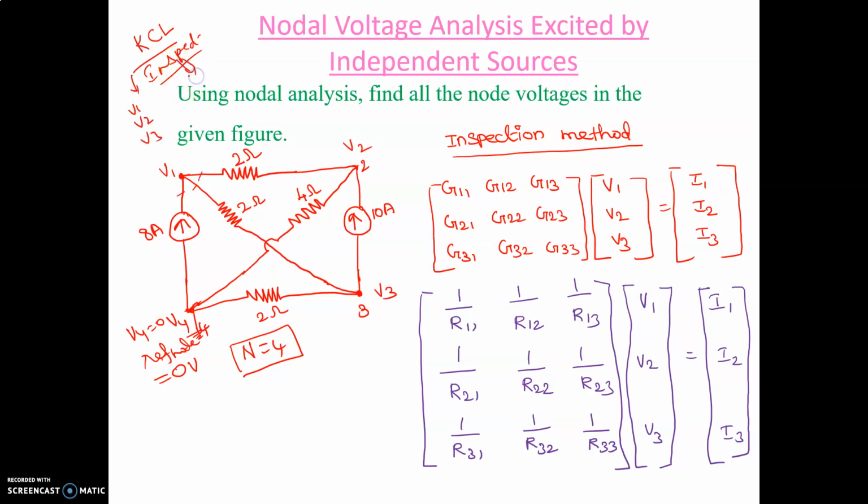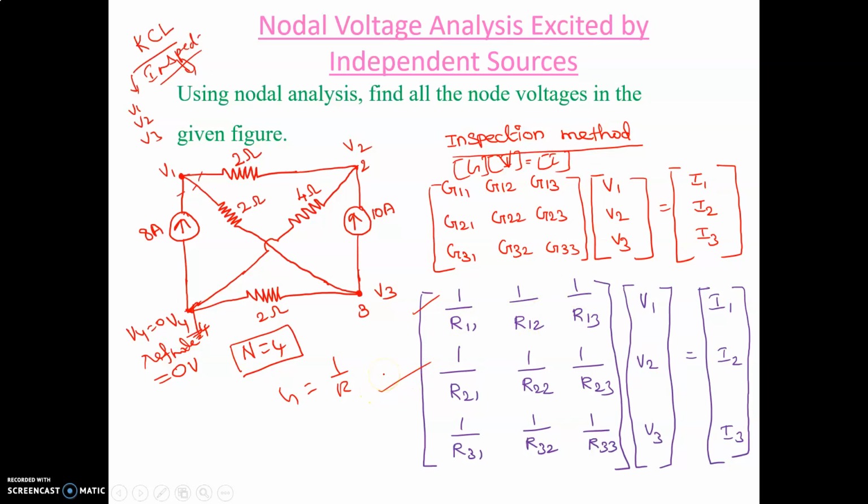In the inspection method, straight away I will write the matrix. The matrix can be written in the form of conductance matrix into voltage matrix is equal to current matrix. The reciprocal of resistance is called conductance. We may write the conductance matrix in the form of 1 by R11, 1 by R12, 1 by R13, like this.